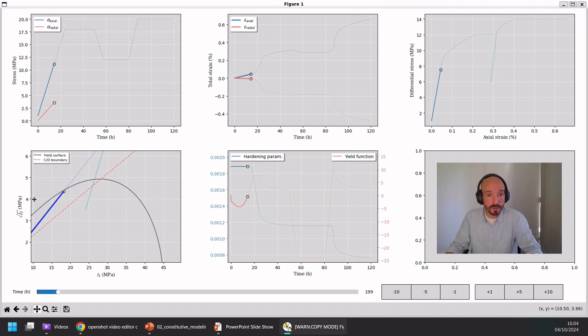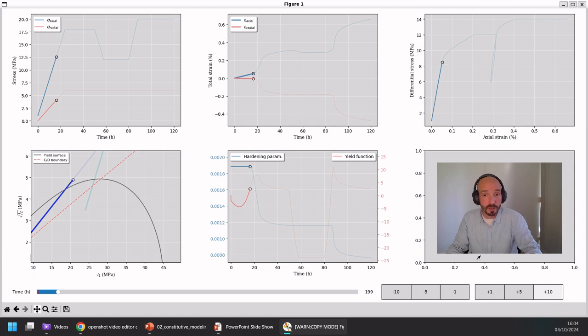If you keep increasing the stress, the value of the yield function also increases. At a certain point, the yield function starts to be positive, which is exactly when we cross the yield surface.